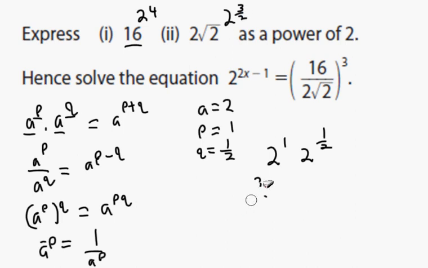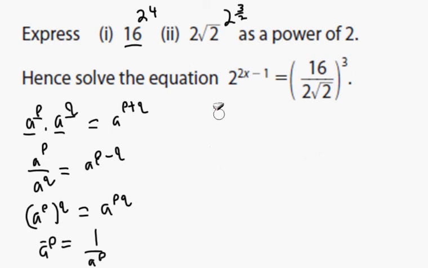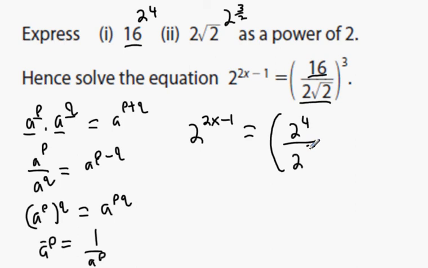There's two ways of doing the next part, and you'll get the same answer both times. Okay? First way of doing it is, some people did this. You change 16 into, anybody? And you change 2 root 2 into 2 to the power of 3 over 2.